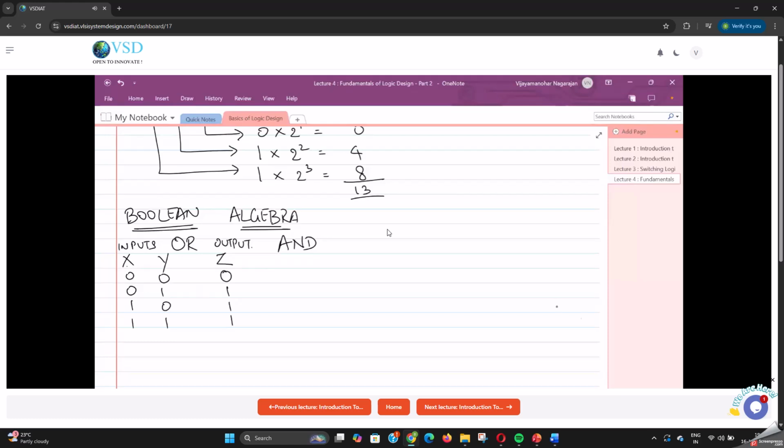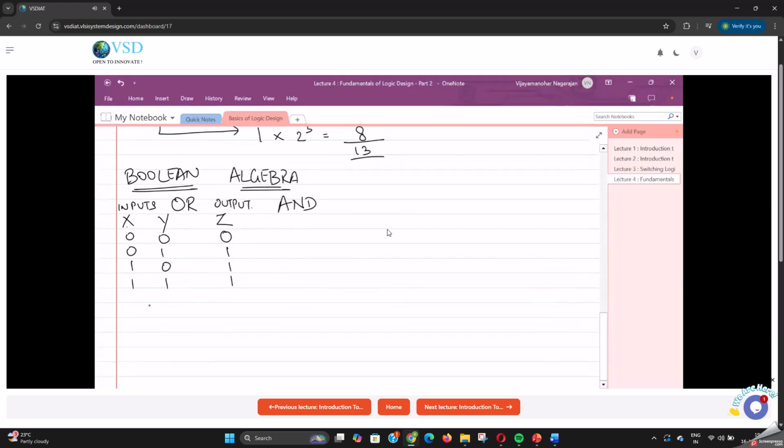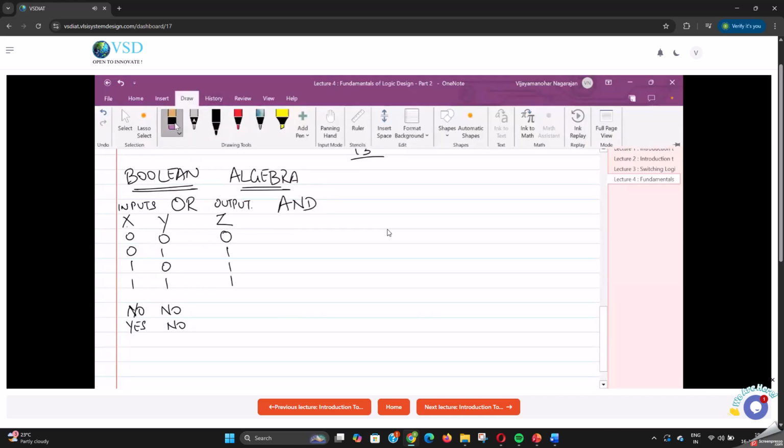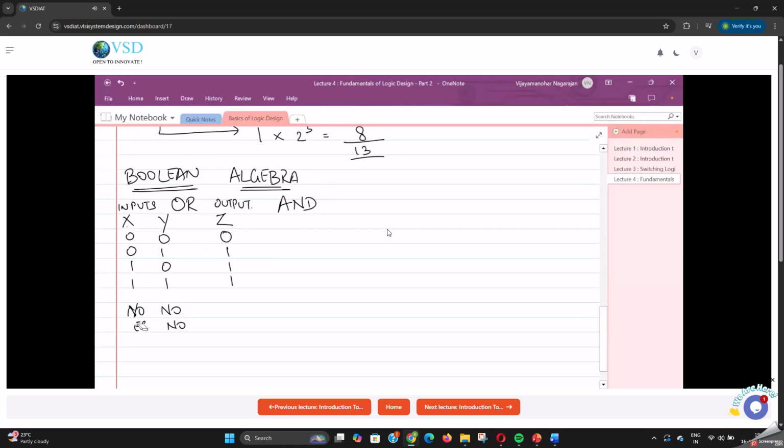Correct? I can represent this in a different way also. 0 means no, 1 means yes. So I can represent this as what? No, no, yes, no. I'm sorry. So it should be no, no, no, yes, yes, no, yes, yes.